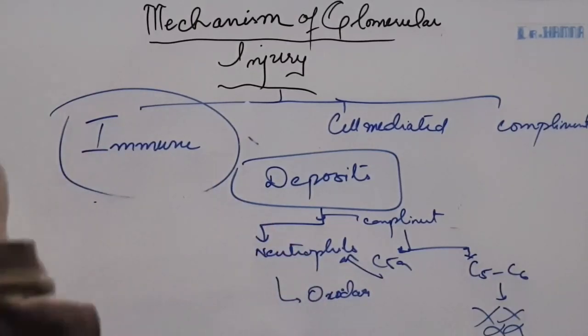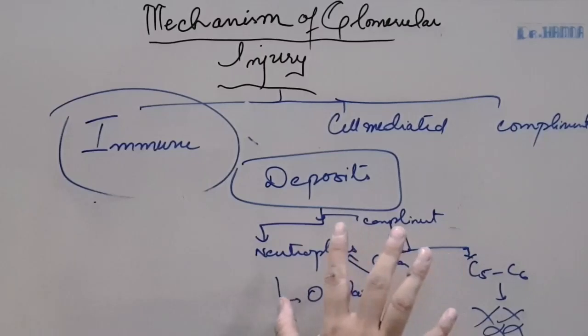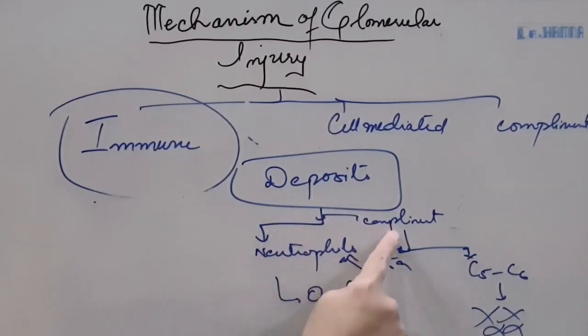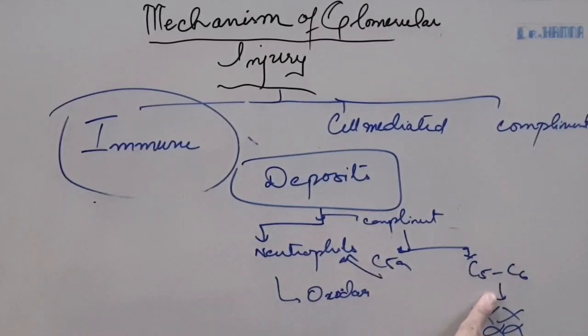Third was circulating immune complexes depositing in the glomeruli, and this was the mechanism which led to the glomerular damage. That is, all those complexes activated the complement system, which produced two main factors, C5a and membrane attack complex. C5a recruited the neutrophils and they produced enzymes and led to the damage of the epithelial cells.